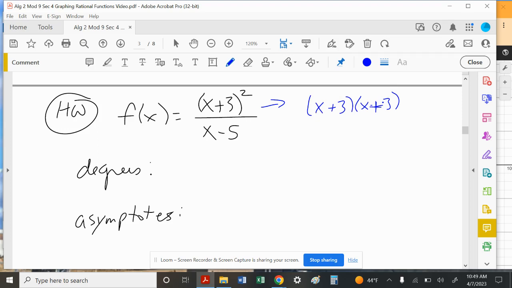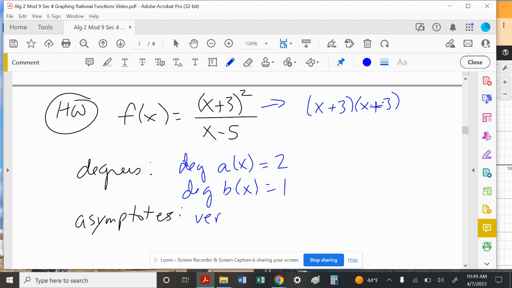So the degree of a of x is 2, and the degree of b of x is 1. So we can figure out what the degrees are, and that gives us some idea of asymptotes.